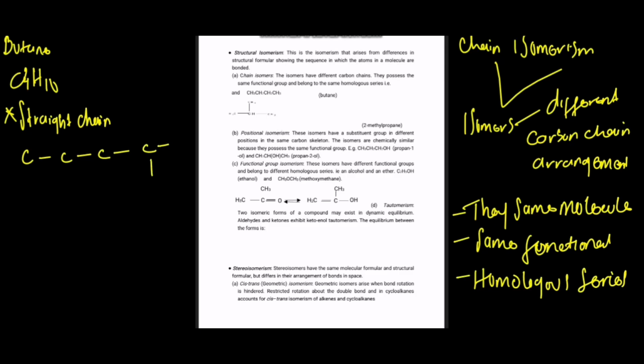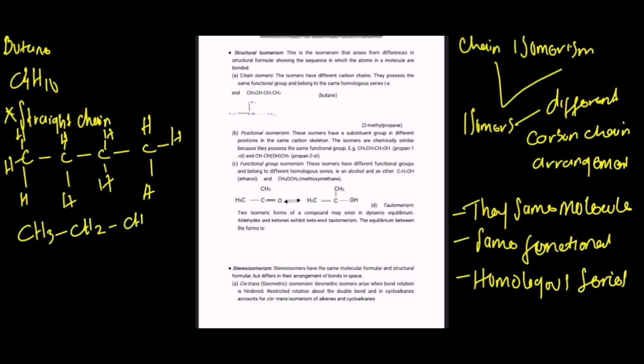This is the straight chain butane, and in its condensed form it will be CH3, CH2, CH2, CH3. So it can be written as the straight chain butane and the branch chain butane.